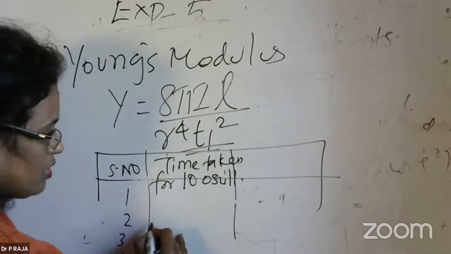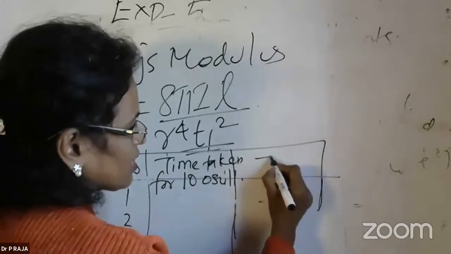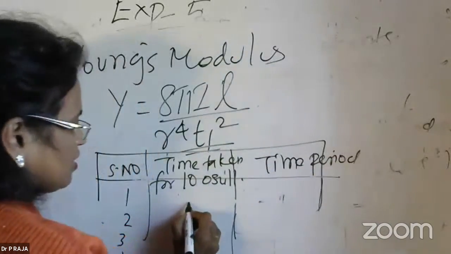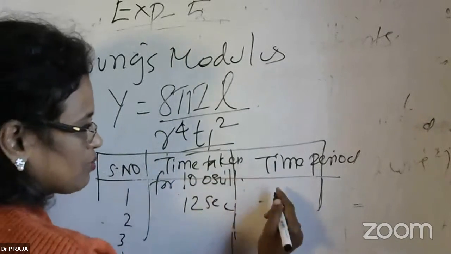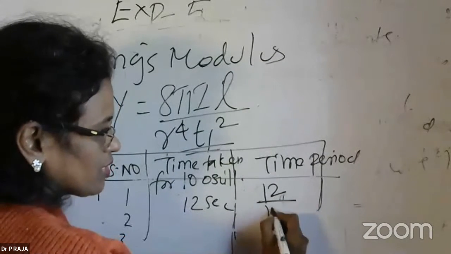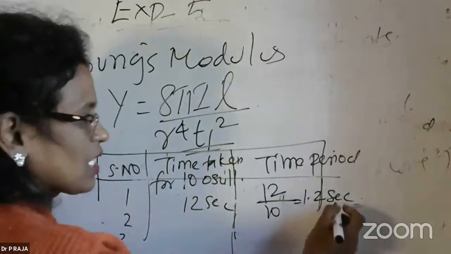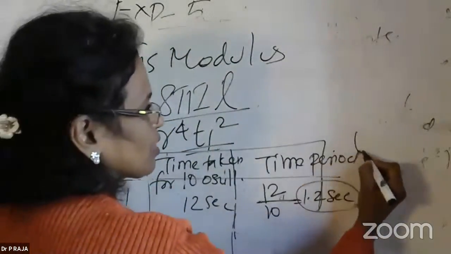Note down the time in 2, 3, 4 experiments, and then take the time period. Time period means, suppose you have 12 seconds for 10 oscillations, you put 12 divided by 10, which is 1.2 seconds. That means the time taken for one oscillation. This will be your T1.